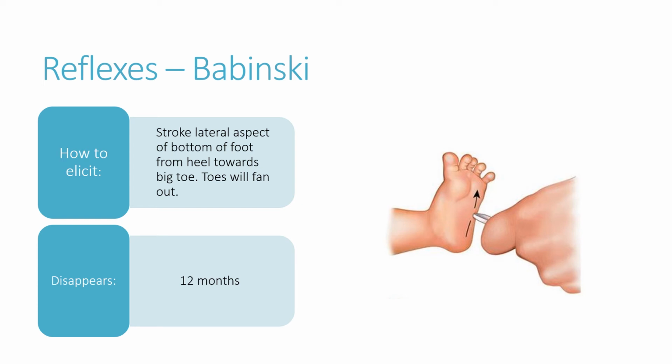This reflex disappears at about 12 months old or 1 year. So this is why it is abnormal in people older than 1 year old, especially in adults. But in brand new newborns and in this infant stage, the toes fanning out when you stroke the bottom of the foot is a perfectly normal reflex.